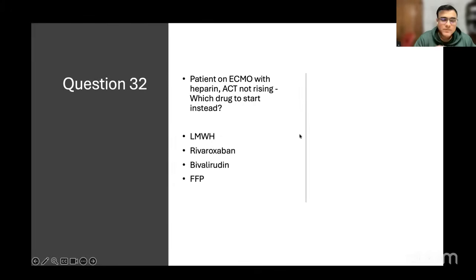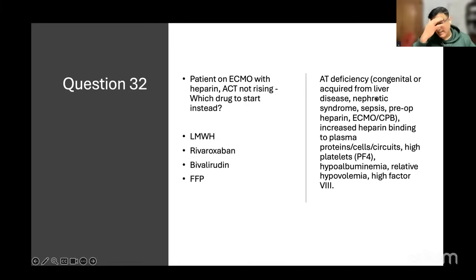Question 32, patient on ECMO with heparin, ACT not rising, which drug to start instead? Heparin basically works through antithrombin 3. Sometimes there is antithrombin 3 deficiency, either congenital or acquired, like in liver disease or nephrotic syndrome, and your heparin will not work, so your ACT will not rise. If that happens, you have two options.